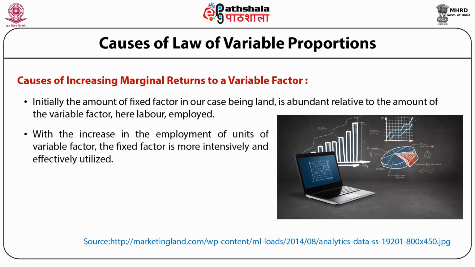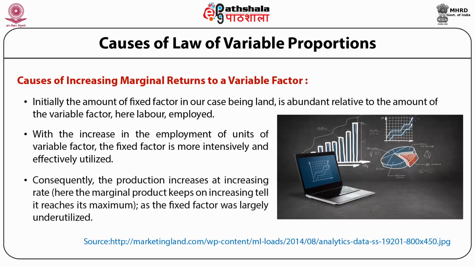With the increase in the employment of units of variable factor, the fixed factor is more intensively and effectively utilized. Consequently, the production increases at an increasing rate. Here, the marginal product keeps on increasing till it reaches its maximum.